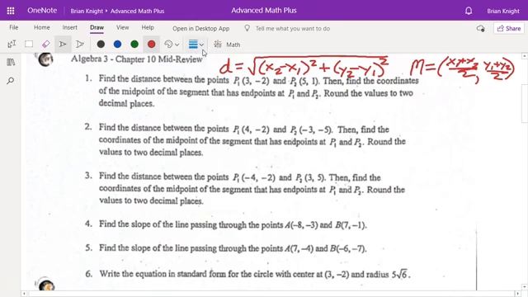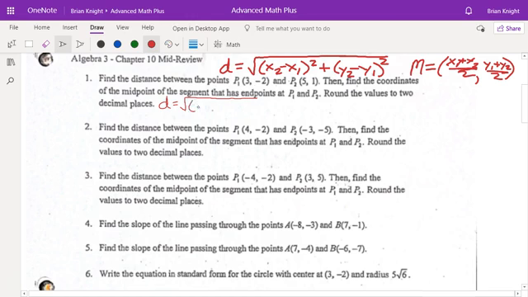1, 2, and 3. Find the distance and midpoint. So for the distance, we're going to have the square root of, it doesn't matter which one you do. It did matter in vectors, but in the distance formula it does not, because we're just talking about a segment.